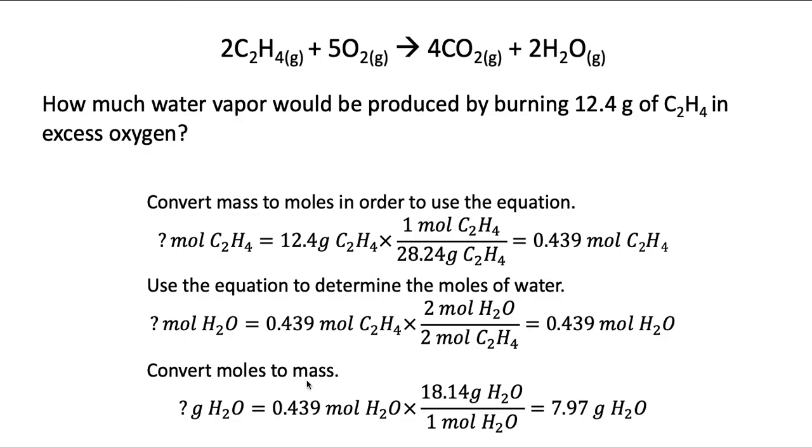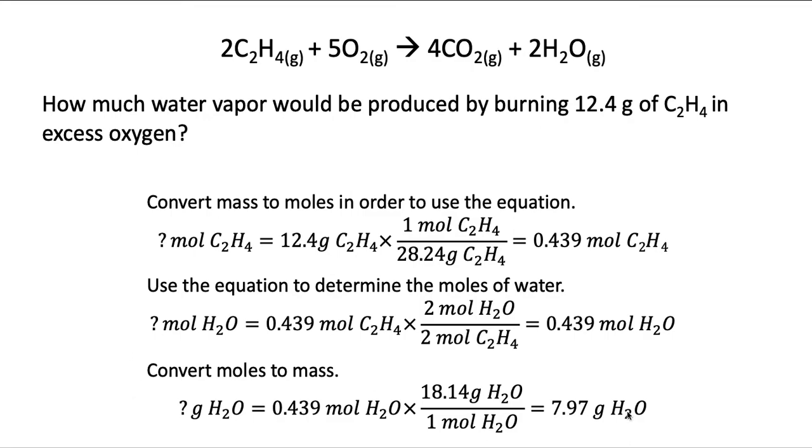So I convert moles back to mass by using the molar mass of water. 0.439 moles, and then I write the molar mass of water in such a way to cancel my moles. 18.14 grams of water give me 1 mole, or 1 mole of water weighs 18.14 grams. Moles of water here will cancel out, and if I do the math here, I get about 7.97 grams of water.